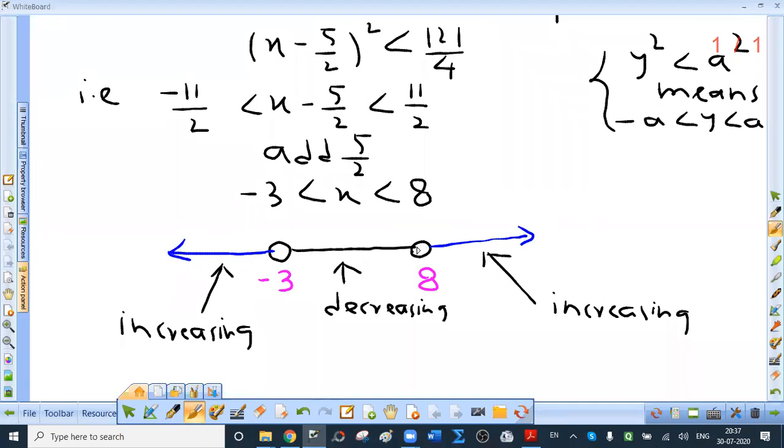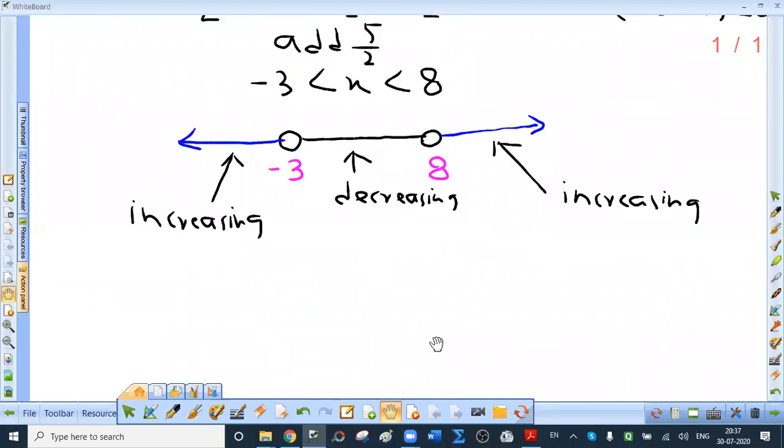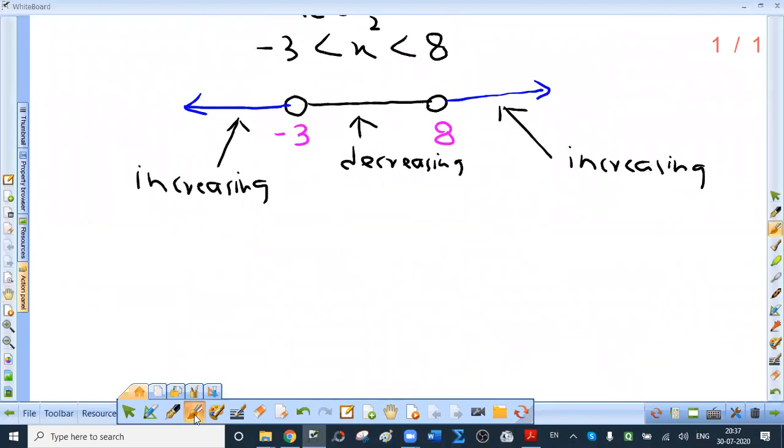Now go for sum number 5. See, what is f of x? It is x upon x square plus 1. What is that sum? Find the values of x for which f of x is strictly increasing, strictly decreasing.